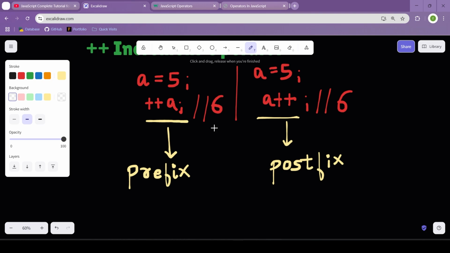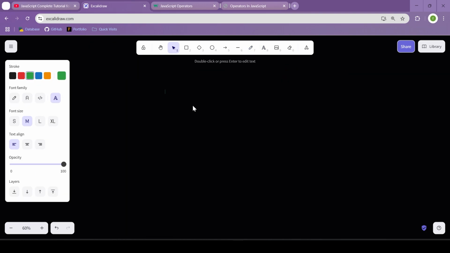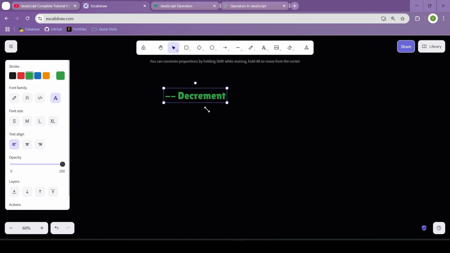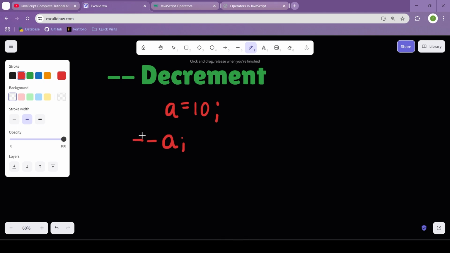And we will also have the same thing for our decrement operators, that is simply your minus minus. If again I have A is equal to 10, then that time again if I do minus minus A, your value will get decremented by 1 simply.